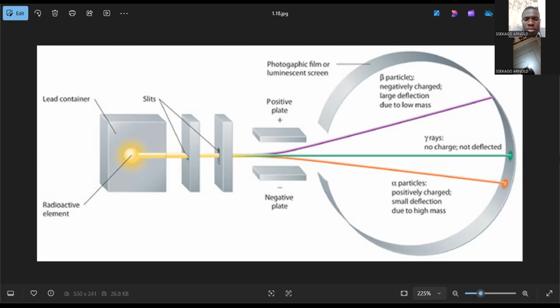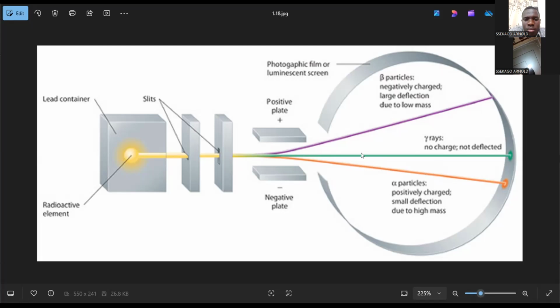Beta particles are negatively charged, hence they go towards the positive plate. Then this other color going towards the negative plate is alpha. This symbol means alpha particles that are positively charged, so they are deflected towards the negative plate.